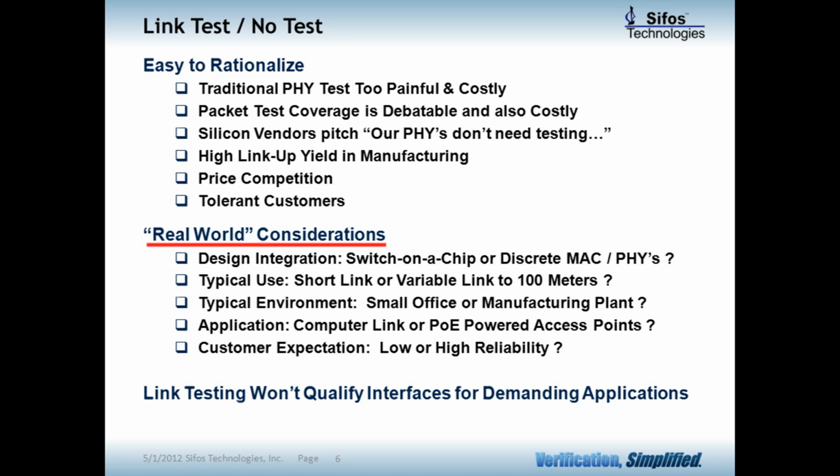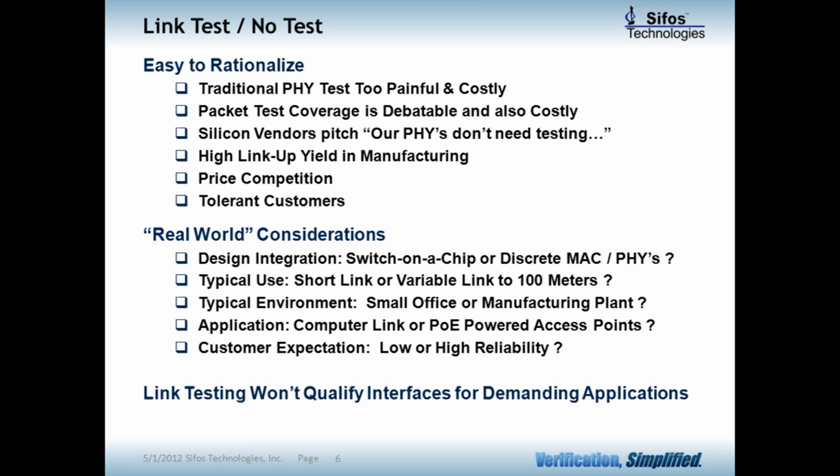Other considerations are application and expectation driven. A standard computer link used for web access and file transfer is a much more tolerant application than a PoE-powered wireless access point or audio system installed in the presence of high-density fluorescent lighting. In applications such as manufacturing sensors and controls or aerospace link-ups, there will be expectations of high reliability in the Ethernet interface.